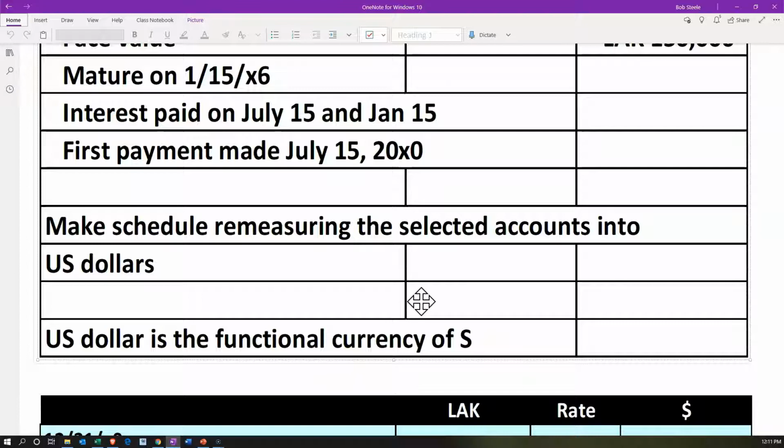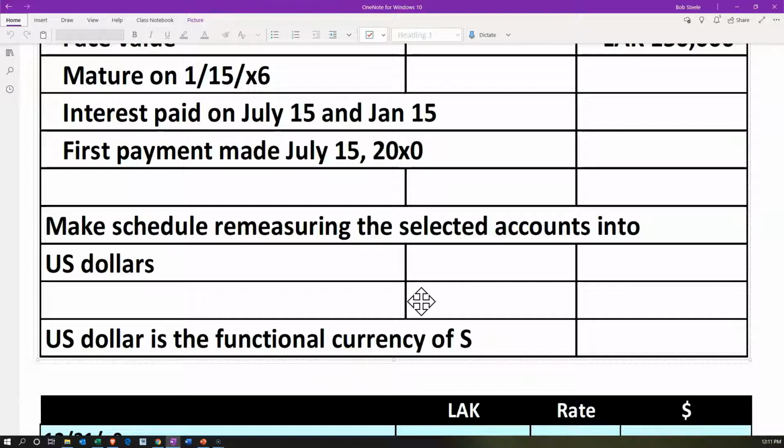So if the books are in a foreign country and they're being measured in US dollars, we don't really have a problem there, because the parent company's in US dollars. So typically the scenario that has a problem is when the foreign company is in some currency other than the US dollar, and then the question is how do we convert that?